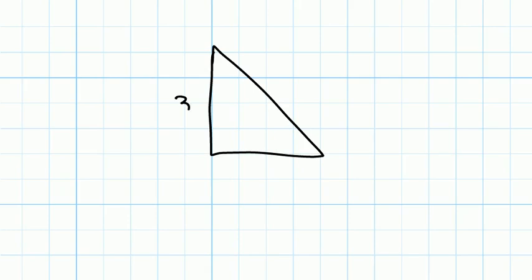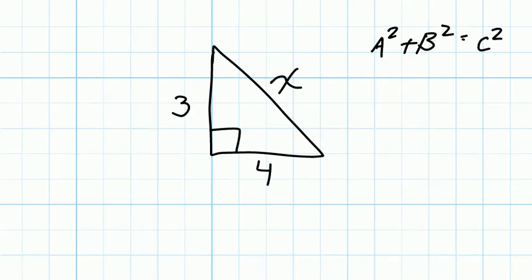So if we have this triangle, and let's say that this side is 3, this side is 4, we need to figure out what this side is. So using the Pythagorean theorem, we know that a squared plus b squared equals c squared.